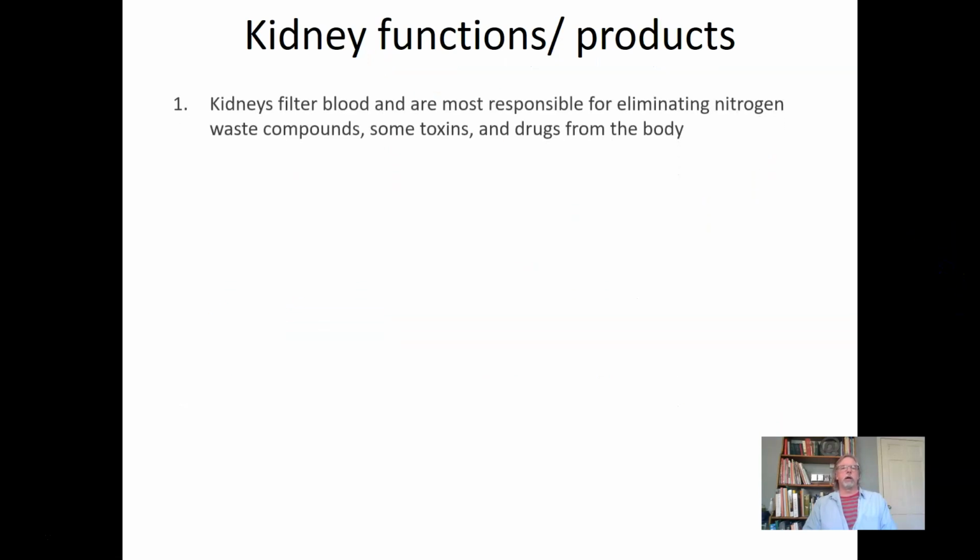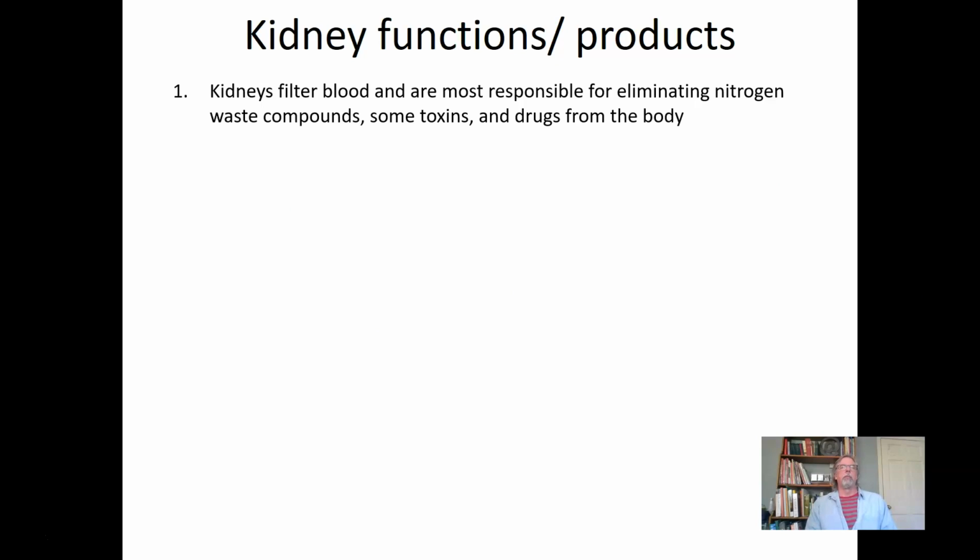So first of all, the kidney is an organ which filters the blood. And by doing so, it's able to eliminate waste, unneeded materials, toxins, and some drugs from the body. Okay, blood filtration and elimination.